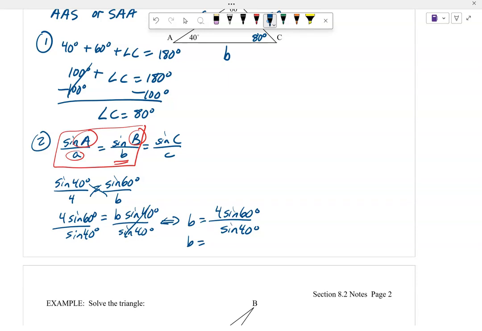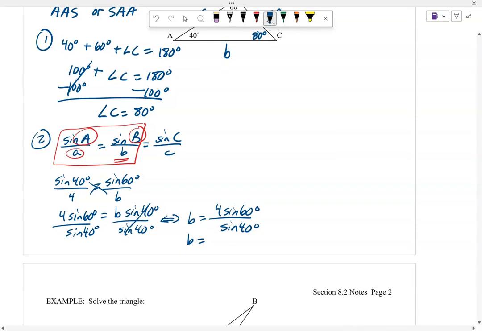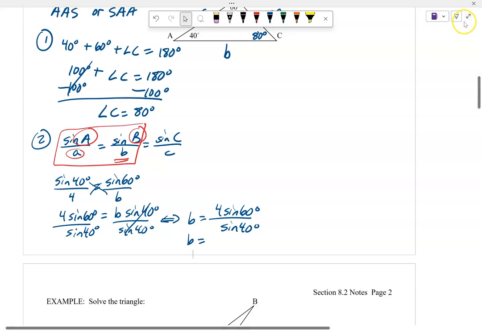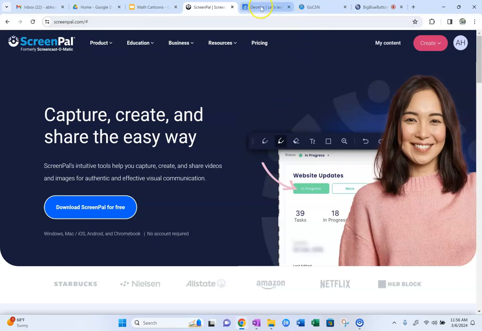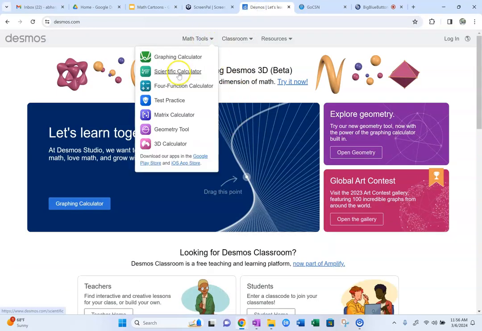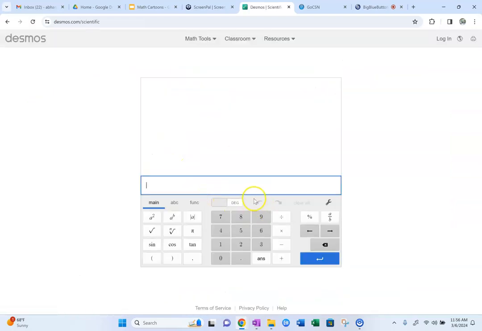Here we're going to pull up Desmos. Well done, scientific calculator. First thing I'm going to check, make sure you're in degrees. Notice I have degrees. And right here I'm in degrees, right? If I want to switch that, of course you can switch in radians. Make sure you're in degrees. I have 4 times the sine of 60 degrees divided by sine of 40 degrees.